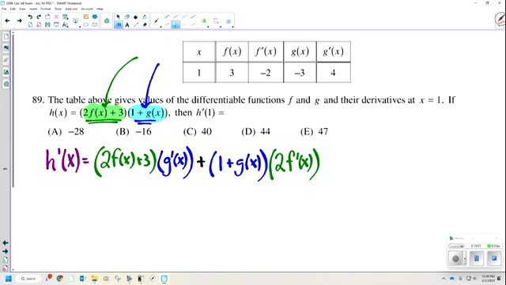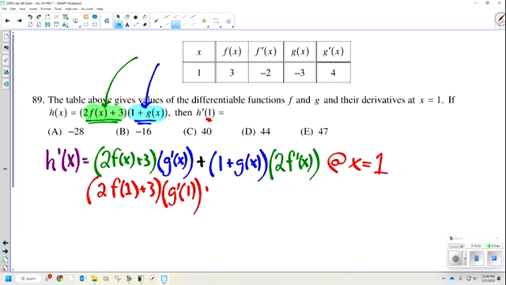They want this at x equals 1. So all of these, I hate to rewrite this, 2 f of 1 plus 3 times g prime of 1 plus 1 plus g of 1 times 2 f prime of 1.